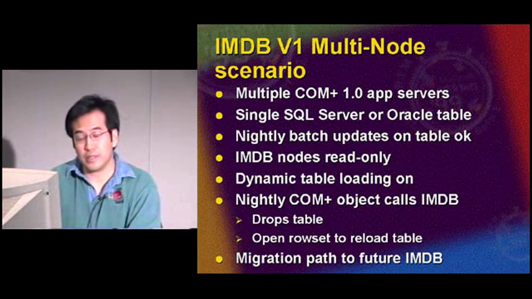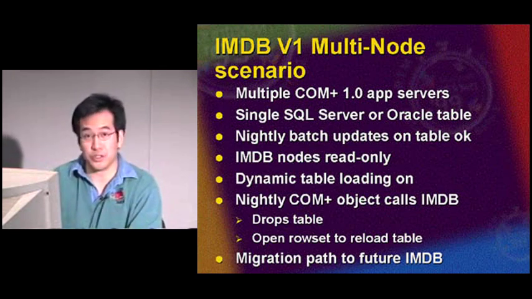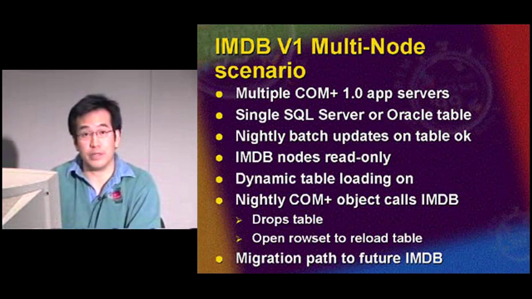We see IMDb as providing the most performance benefit in this scenario by keeping critical information on the application server and keeping that information closest to the COM+ 1.0 components.